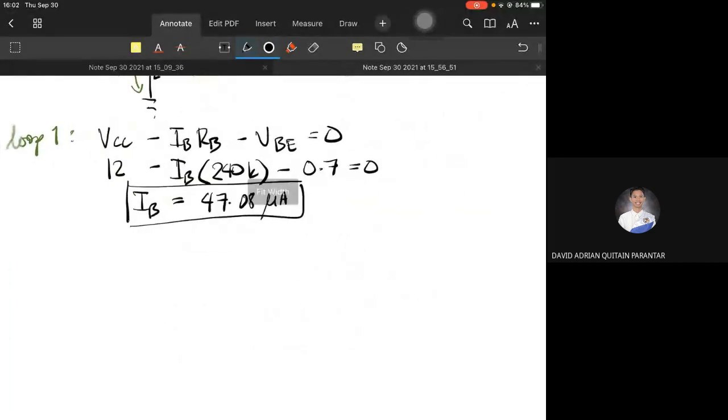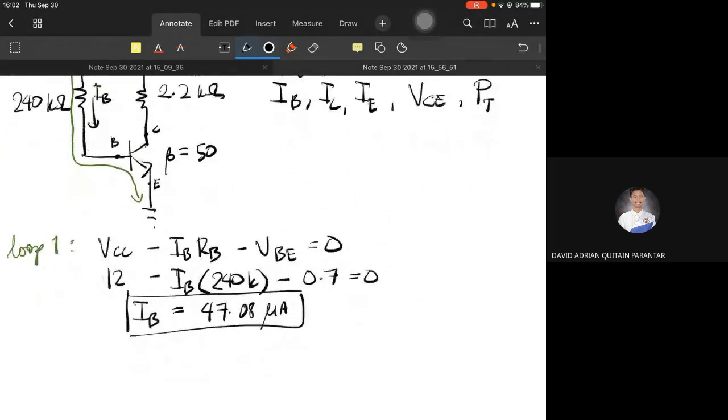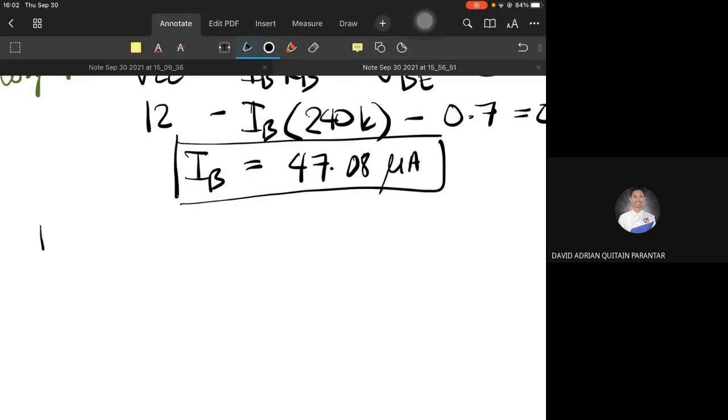Then, in an analysis problem, it is easy to get IC and IE once IB is obtained. Since beta is given, IC is equal to beta IB.